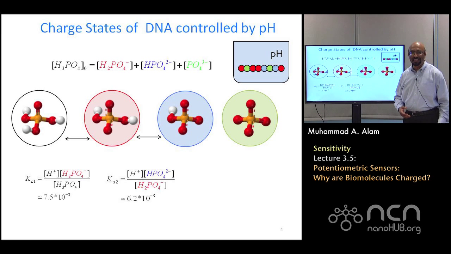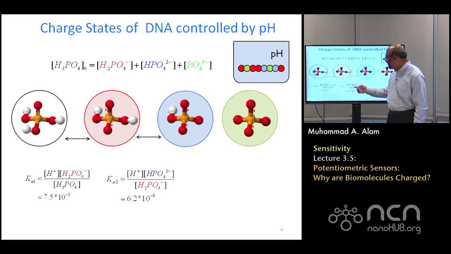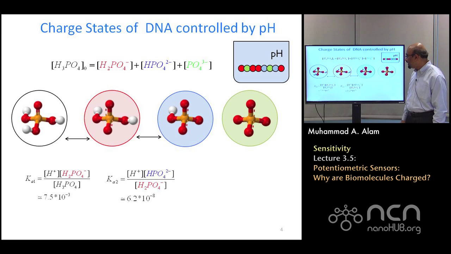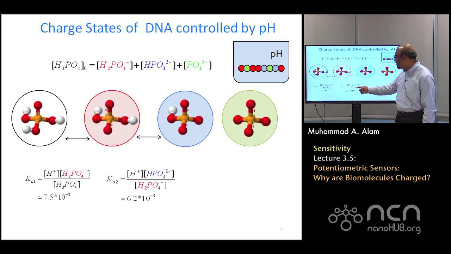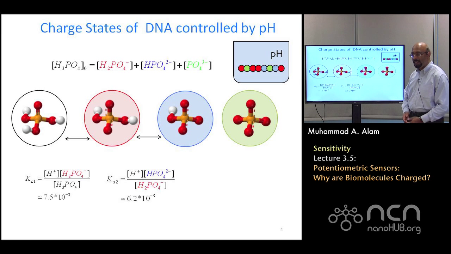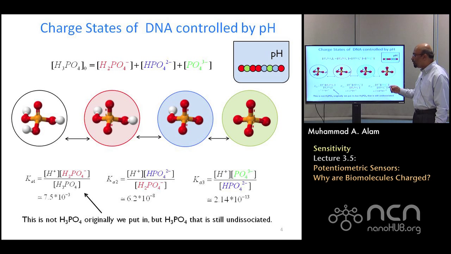Once again, we are lucky. That value is experimentally known, and it is essentially 6.2 times 10 to the power minus 8, relating the singly charged to the doubly charged molecule. And the same is true for double to triply charged molecules.